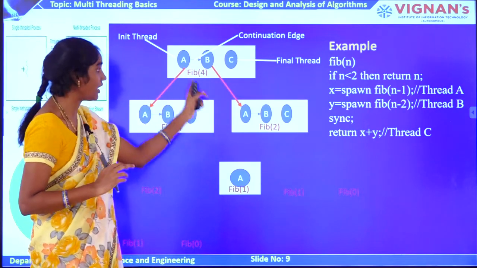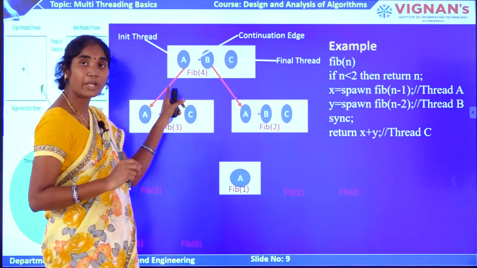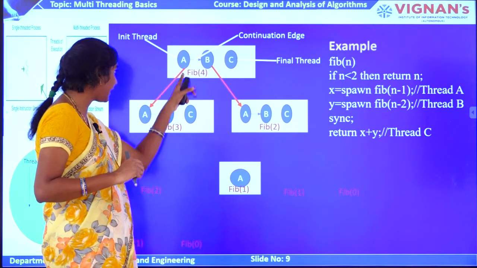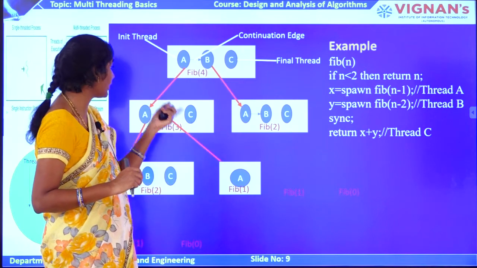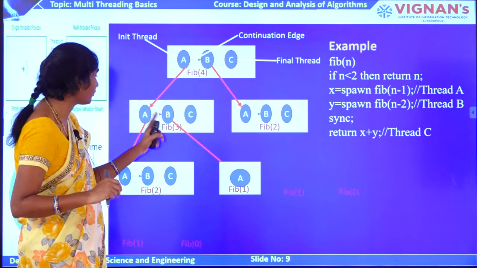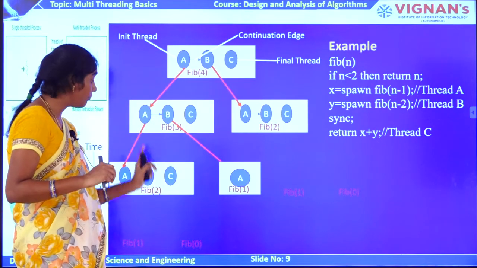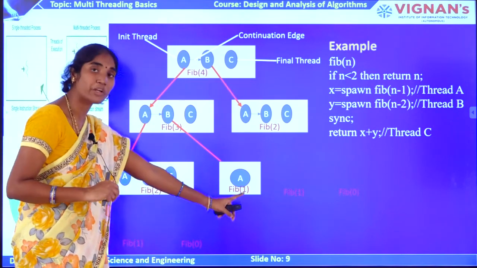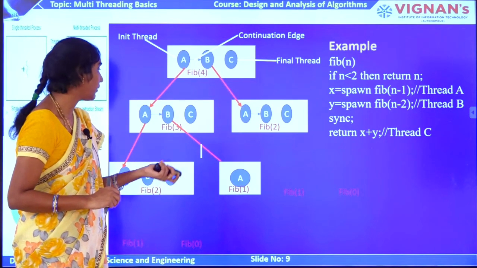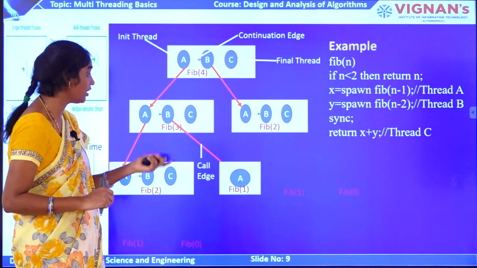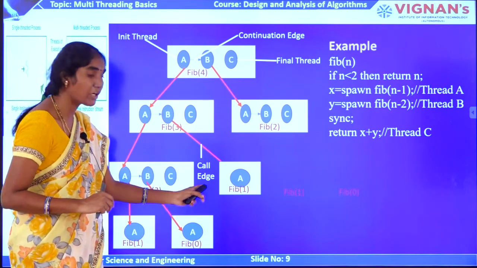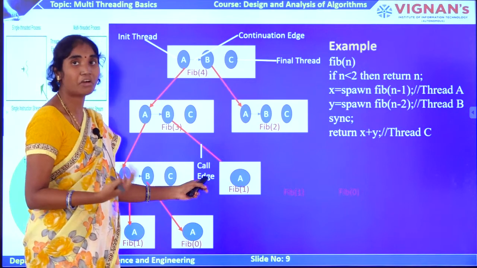So here I have a spawn, and red represents the spawn edge. Now, fib of 3 and fib of 2. Again fib of 3 can be calculated by taking the sum of fib of 2 and fib of 1. So here also I have one more spawn operation. This can also be called a call edge, a spawn edge or a call edge.